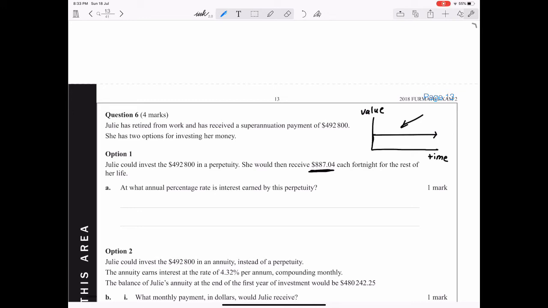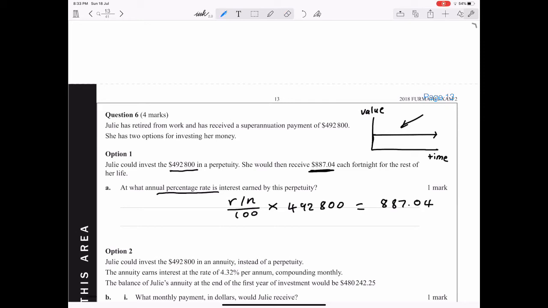So if you had to find the annual percentage interest rate, it would be R divided by N on 100 times the amount you invested, 492,800, which equals $887.04. That's the interest you're receiving each fortnight.